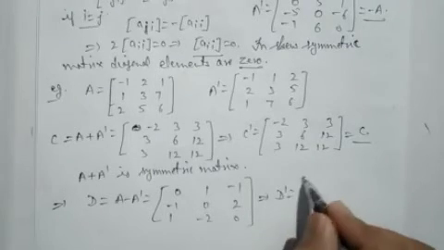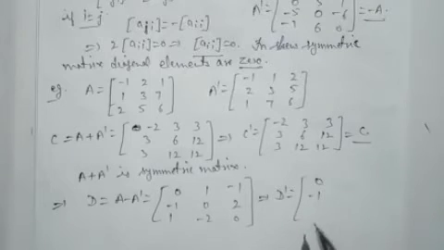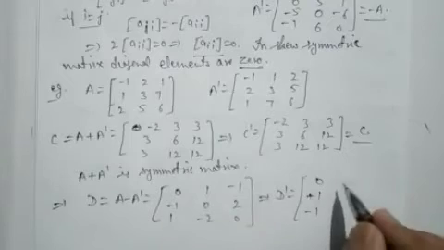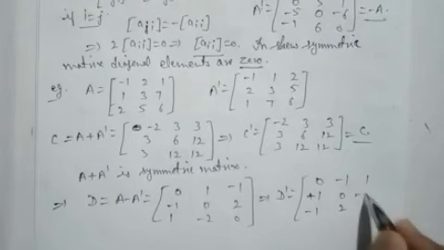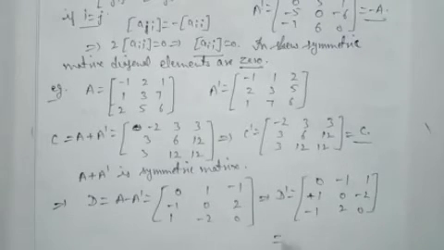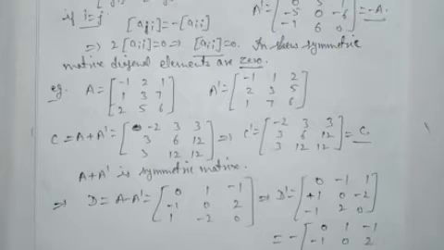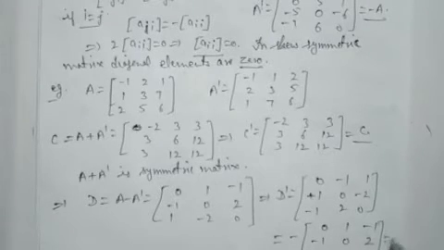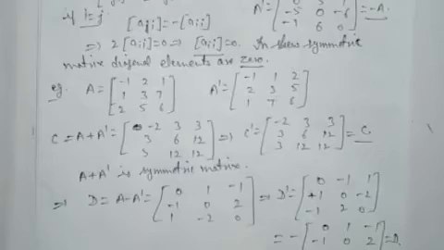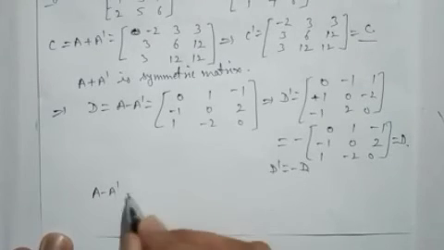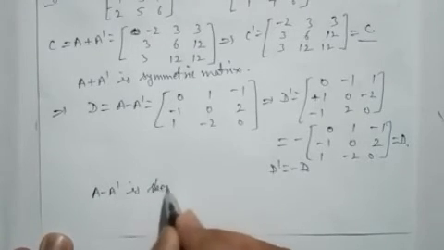D transpose is 0 1 minus 1, minus 1 0 2, 1 minus 2 0. Let me take minus common. So this is 0 1 minus 1, minus 1 0 2, 1 minus 2 0, which is the D matrix. So D transpose equals minus D. If D transpose equals minus D, it means A minus A dash is skew symmetric.